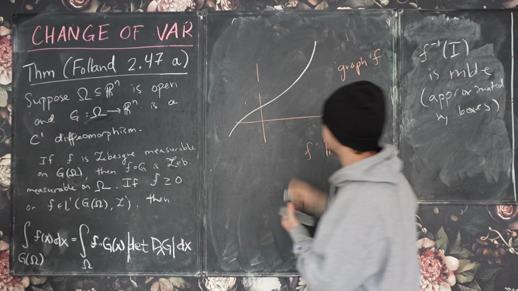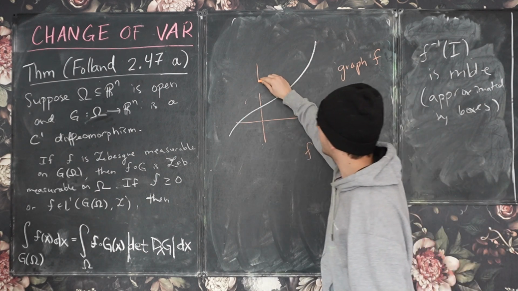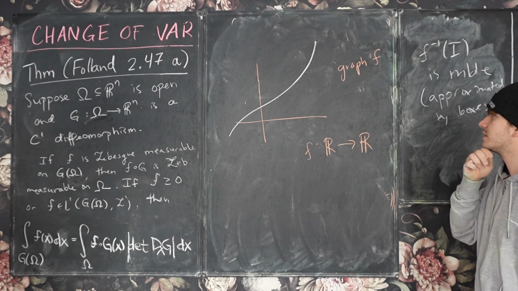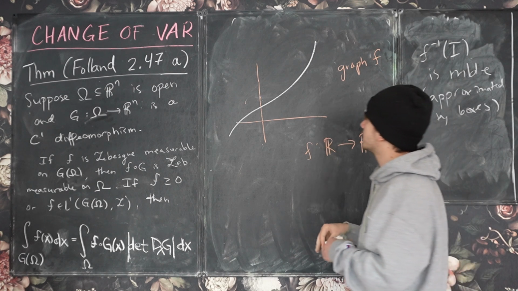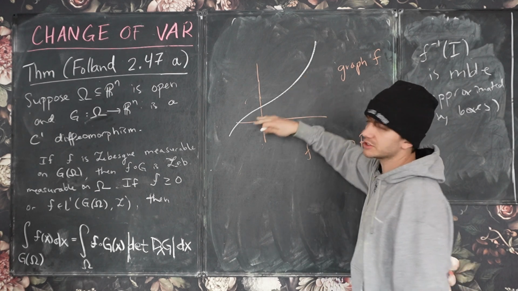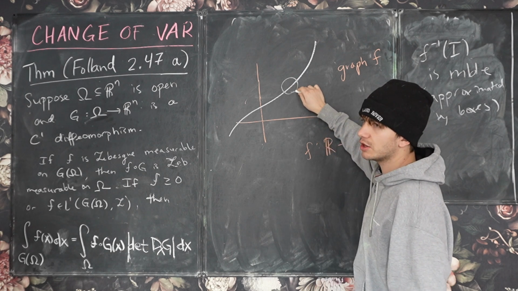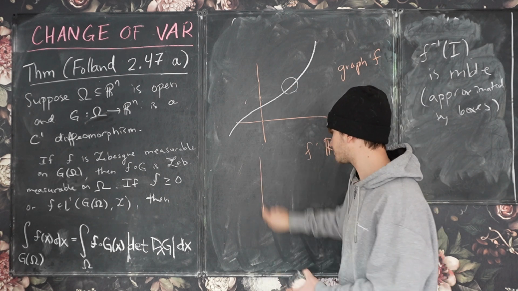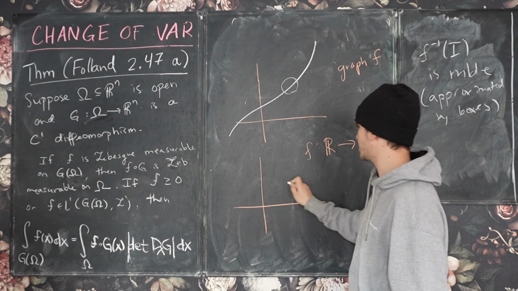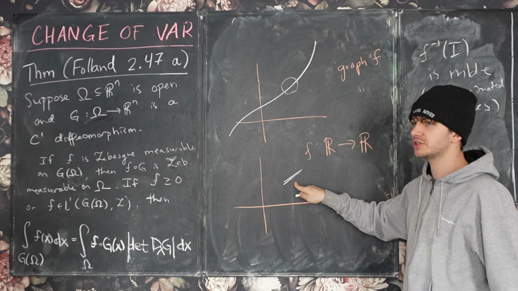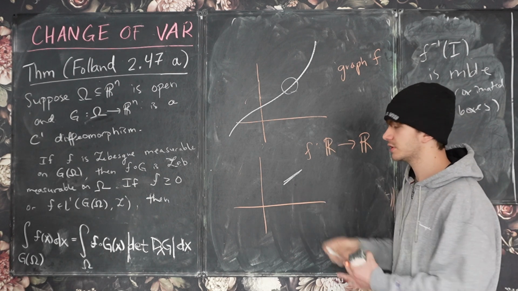So let me just draw it better here, like that. Okay. So now the idea is that globally this function has some curvature, right? But if I zoom in here, really close, then locally this function just looks linear. Okay, I can approximate it by some linear function, which is going to be the differential.